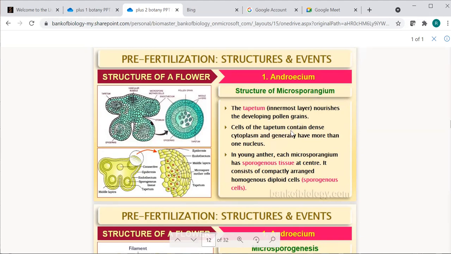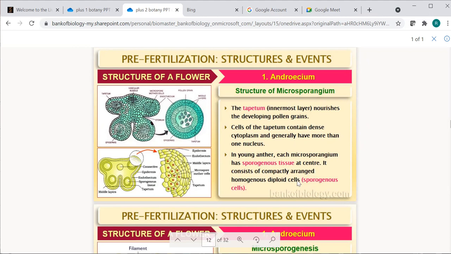Cells of tapetum contain dense cytoplasm and have more than one nucleus. In a young anther, each microsporangium has sporogenous tissue at the center.